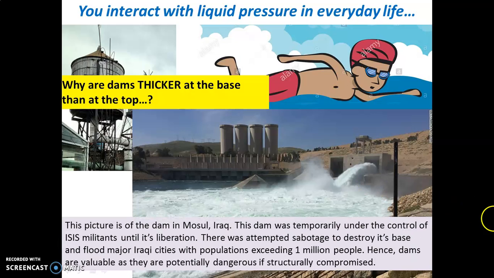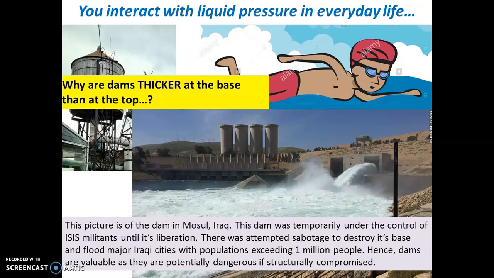The reason I brought up this particular picture, this is a water dam, the dam in Mosul, Iraq. Now, the reason I'm mentioning this has nothing to do, directly anyway, with your GCSE physics course.